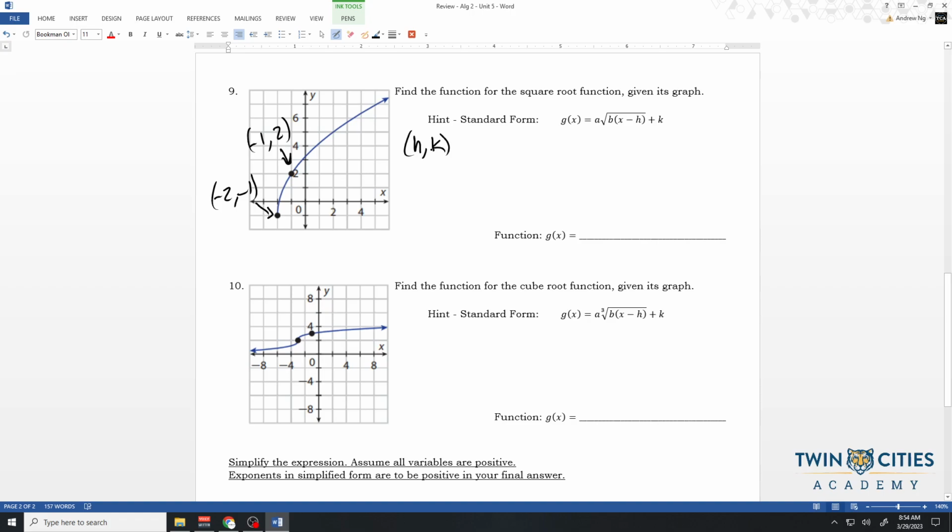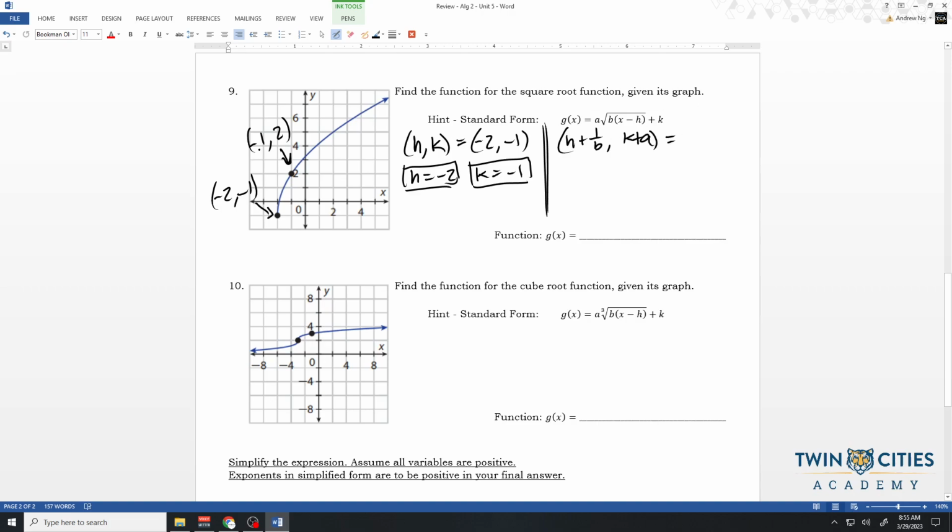So hk is equal to this negative 2, negative 1, which tells me that h is equal to negative 2 and k is equal to negative 1. From there, I can go to my second point, which is h plus 1 over b, and then k plus a.